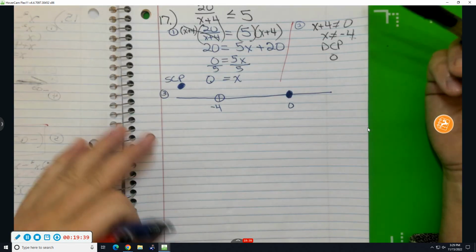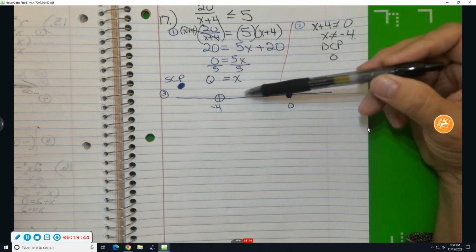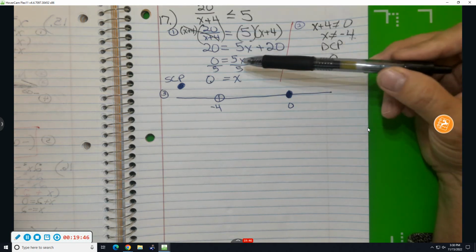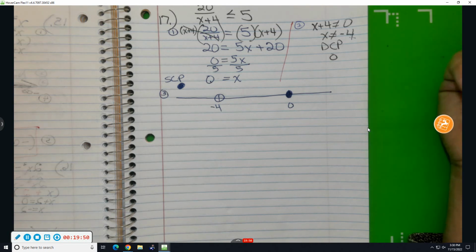Did any exponents even pop up here? Everything here is linear, just x. So there's no repeated factors because we never even had anything to factor. So what can we conclude? Will we have to check every interval, or can we just check one and assume an alternating pattern?